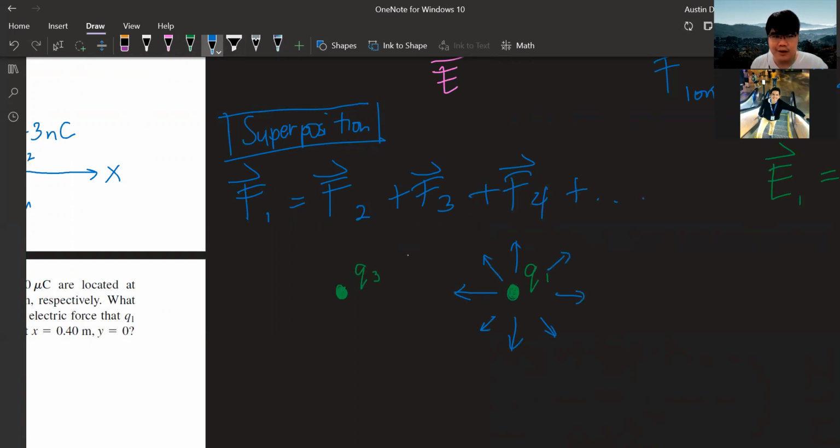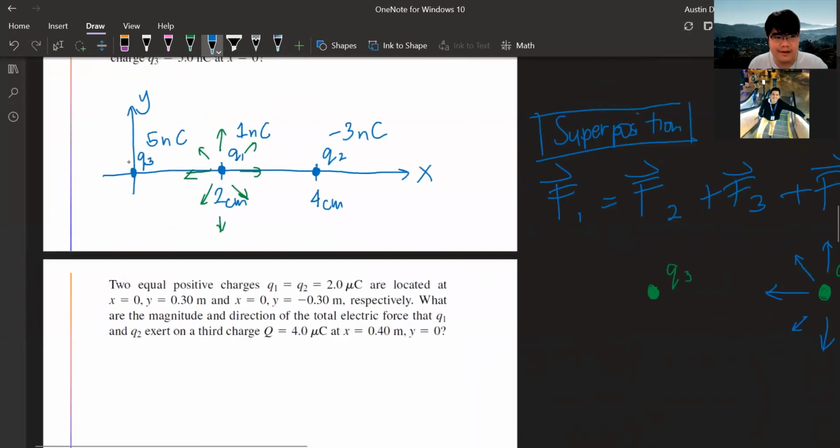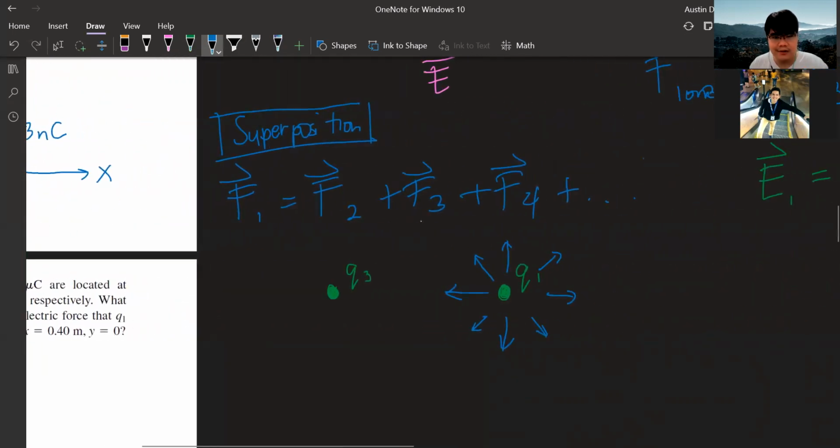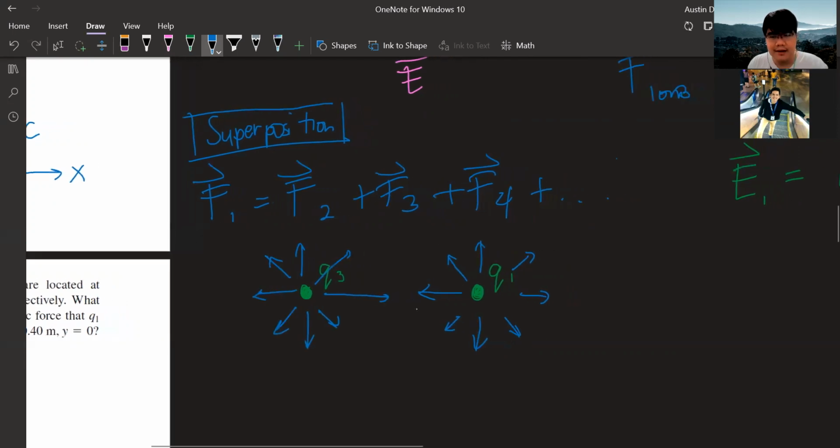Kasi si Q1 ay positive. Si Q3 positive din. So, gini-give off nito pag ganyan. Okay? Di ba?